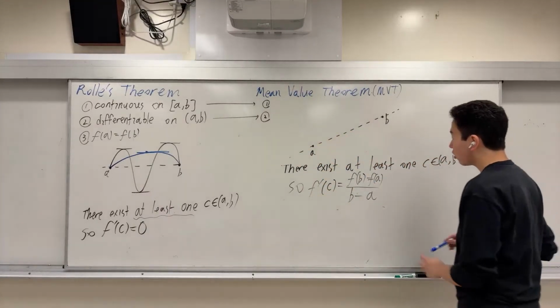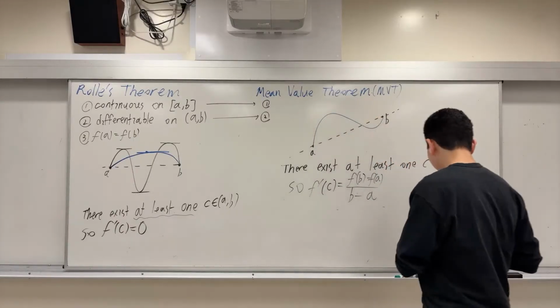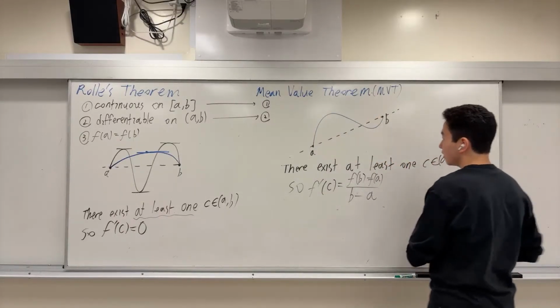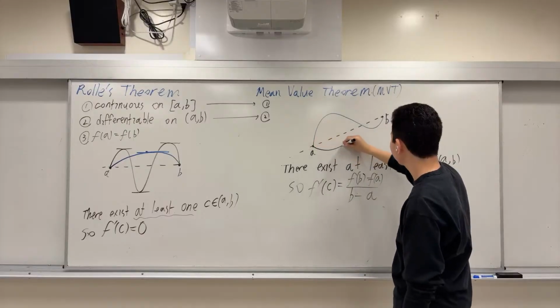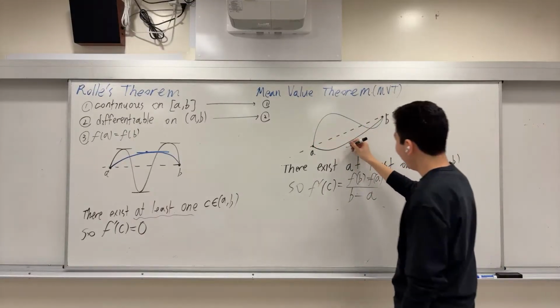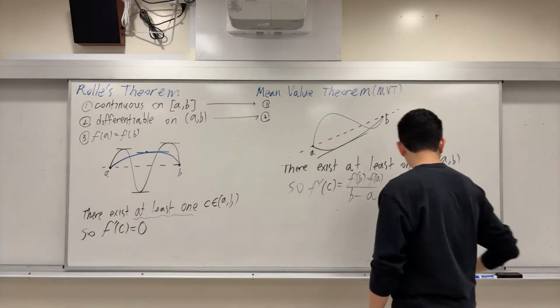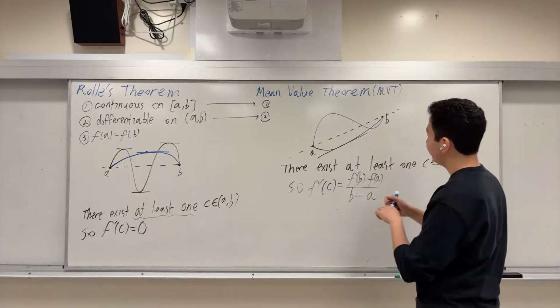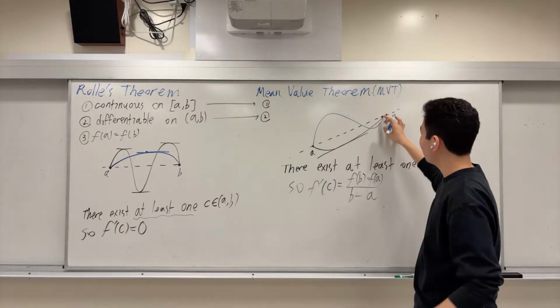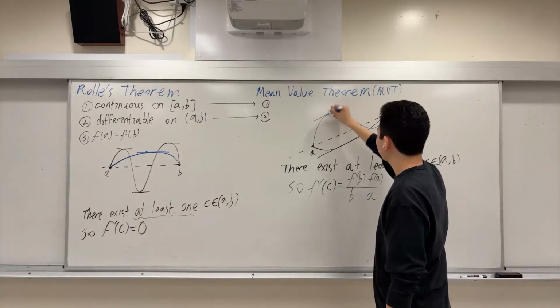And no matter what curve I draw, whether it's this curve that goes like that, or a very shallow curve that goes like this, there will always be at least one place where the slope of the tangent line equals the slope of the secant line, or the average rate of change between A and B.